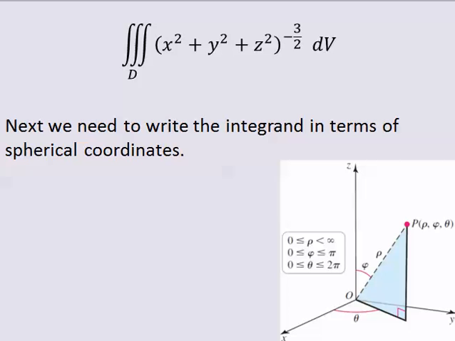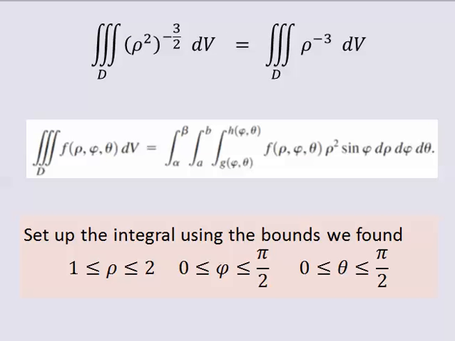Next, we need to write our integrand in terms of the spherical coordinates. Well, x squared plus y squared plus z squared is equal to rho squared. And then with a little bit of algebra, I have an integrand of rho to the negative 3.